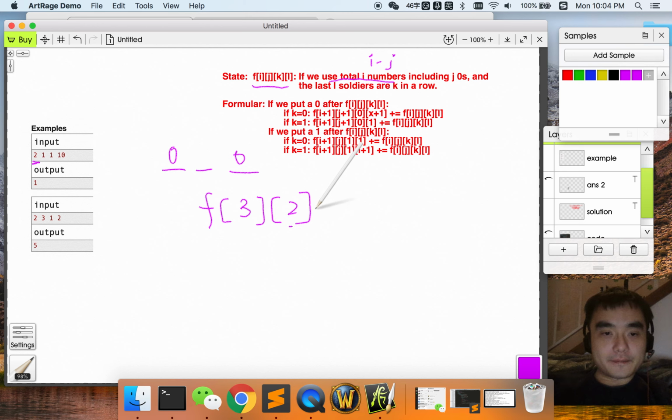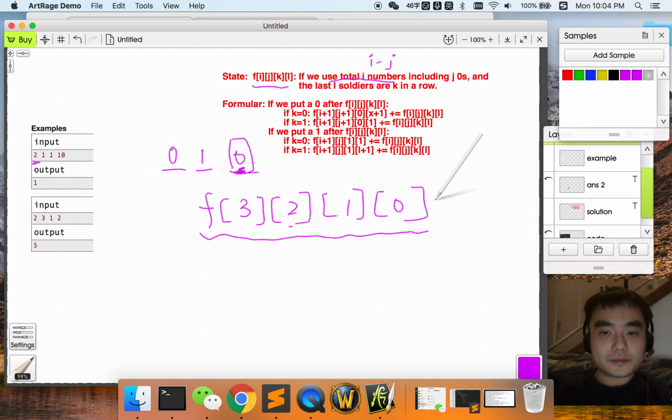It means the last soldier of this is 0, that means the last one soldier is 0. And this value is the number of arrays that satisfy these constraints: we use i numbers including j zeros, and the last l soldiers are k in a row.